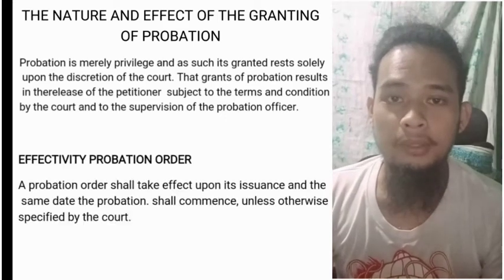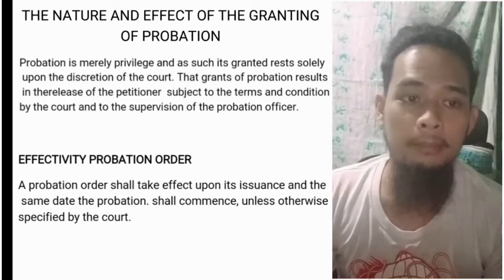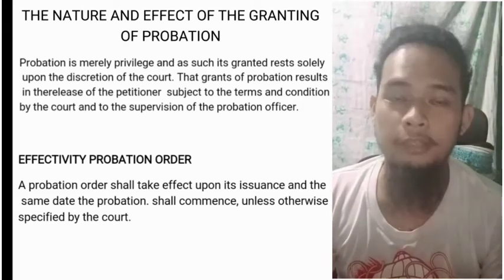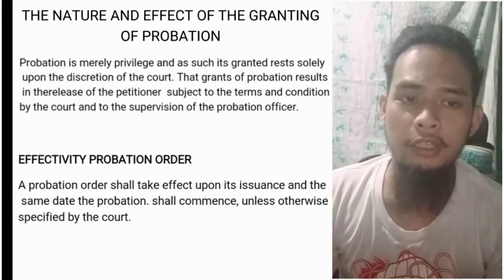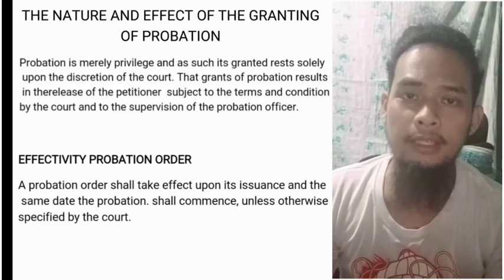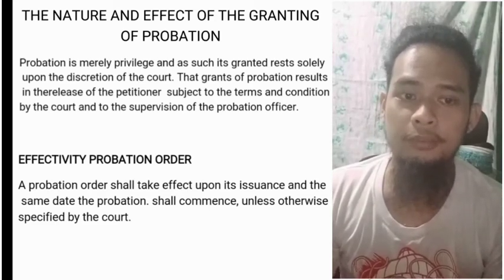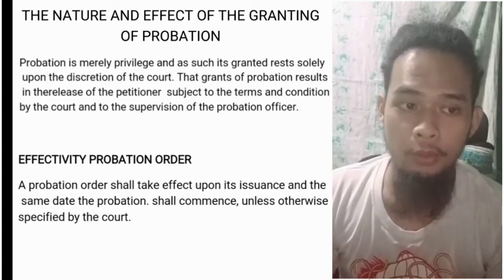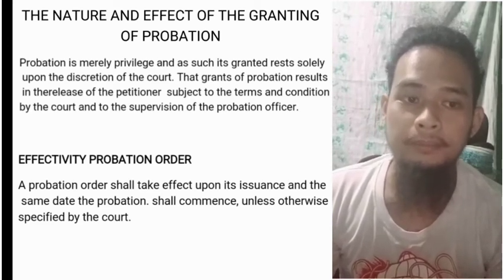Effectivity of the probation order. A probation order is an order imposed by a magistrate or judge in which an offender is sentenced to probation rather than imprisonment, at which time the court shall inform the offender of the consequences thereof and explain that upon his failure to comply with any of the conditions prescribed in the said order or his commission of another offense, he shall serve the penalty imposed for the offense under which he was placed on probation.